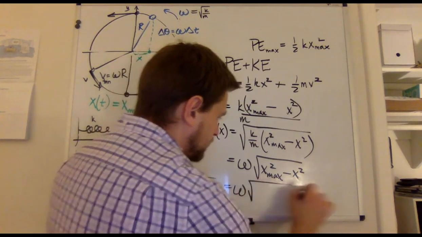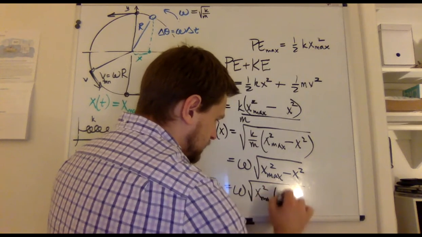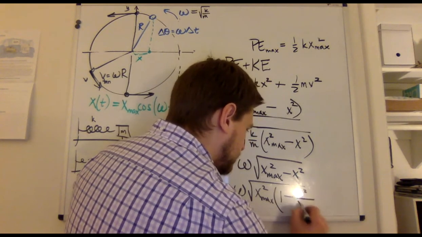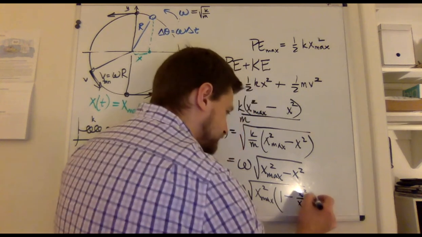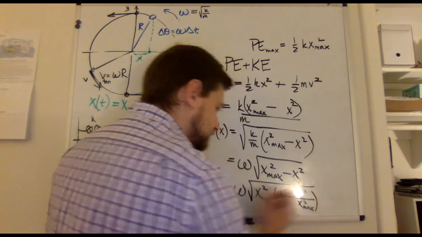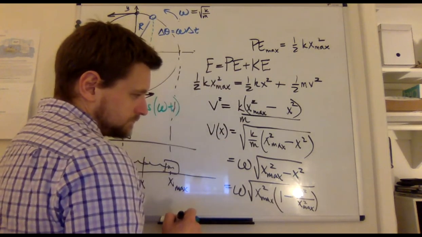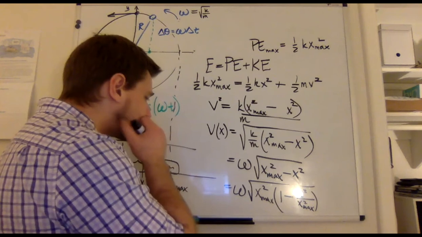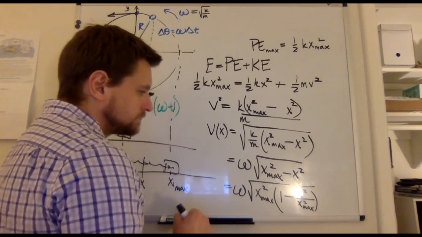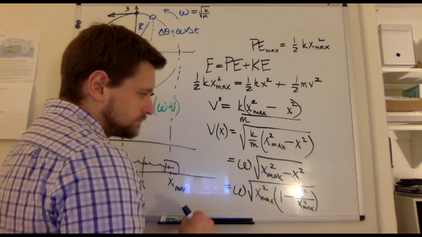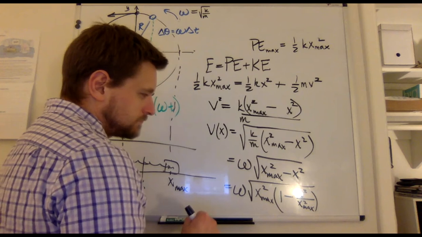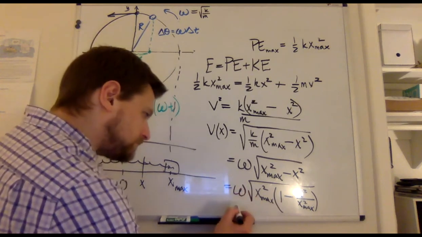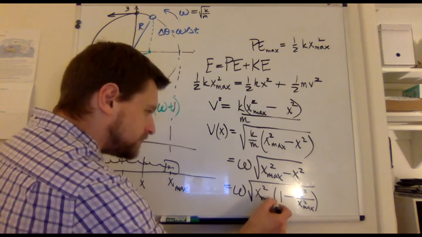So we've got the square root of x max squared times the square root of 1 minus x squared over x max squared. The square root of x max squared is just x max.